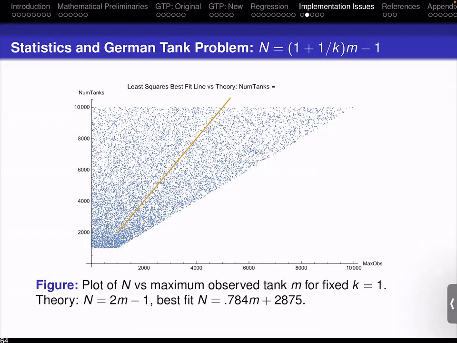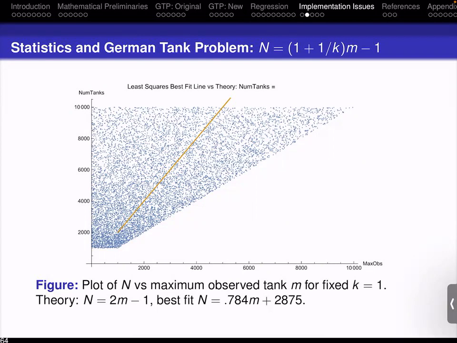When you look at this best fit formula, could this best fit formula work for all m? Or is there something about this formula that seems a little fishy to you? So I'm claiming that the best fit line is 0.784m plus 2875.